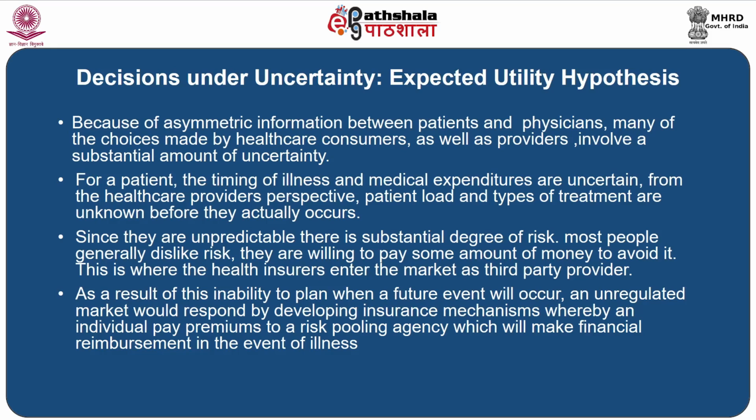Most people generally dislike risk. They are willing to pay some amount of money to avoid it. This is where the health insurers enter the market as a third-party provider. As a result of this inability to plan when a future event will occur, an unregulated market would respond by developing insurance mechanisms whereby an individual pays premiums to a risk pooling agency which will make financial reimbursement in the event of illness.